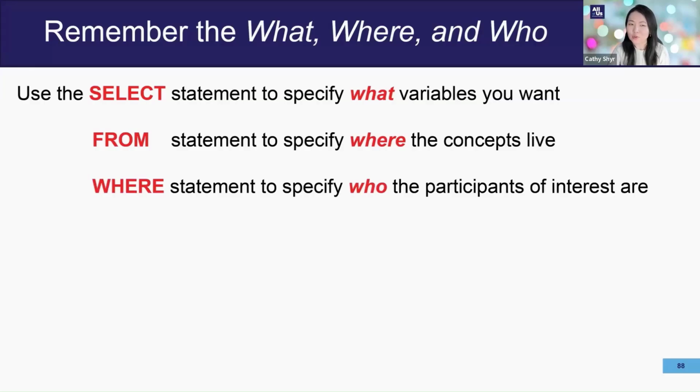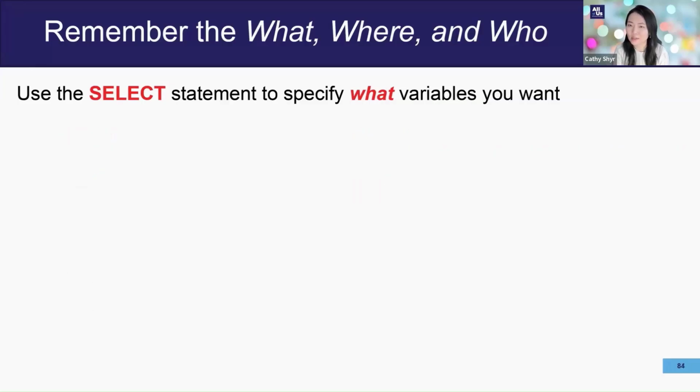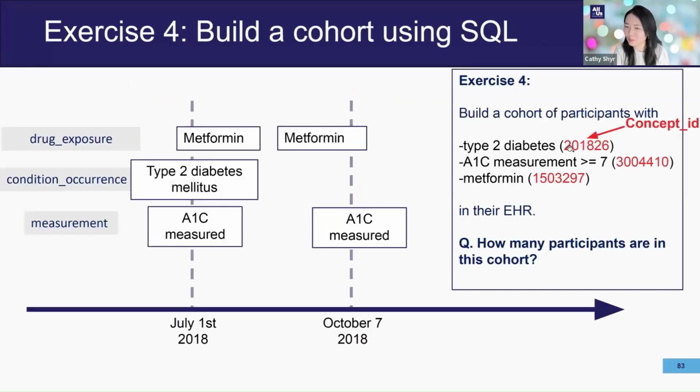Last but not least, we want to use the where statement to specify who the participants of interest are. So we want to specify the inclusion and exclusion criteria that define our cohort. In our case, for this exercise, we want type 2 diabetes, A1C greater than or equal to 7, and metformin.